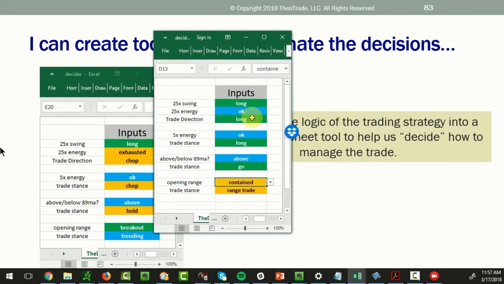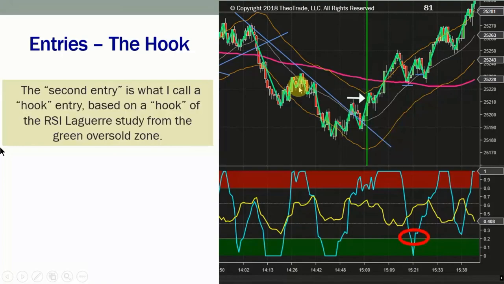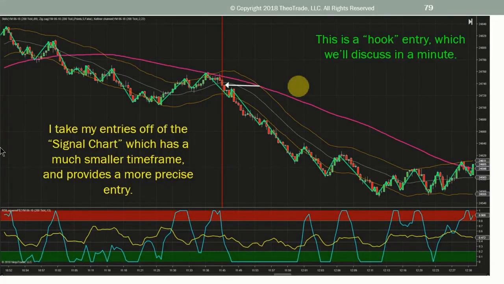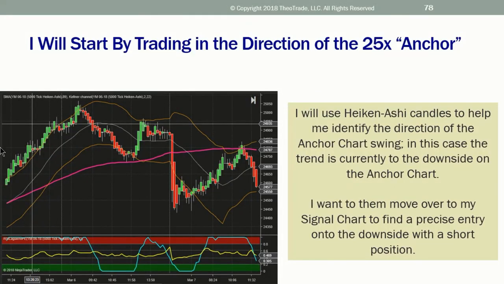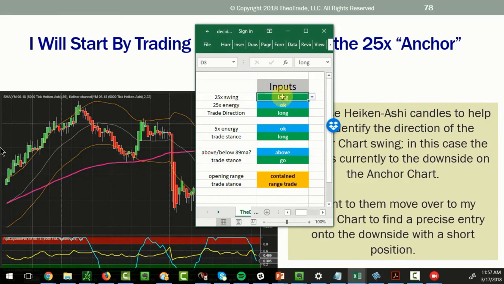So let's look at the 25x swing. Let's look at the previous trade. So here's the trade. We have the 25x showing red. So what we're going to do is grab this little spreadsheet tool, and say the 25x swing is now short.